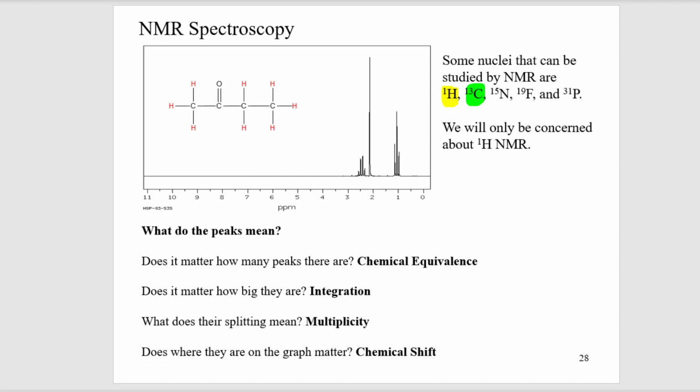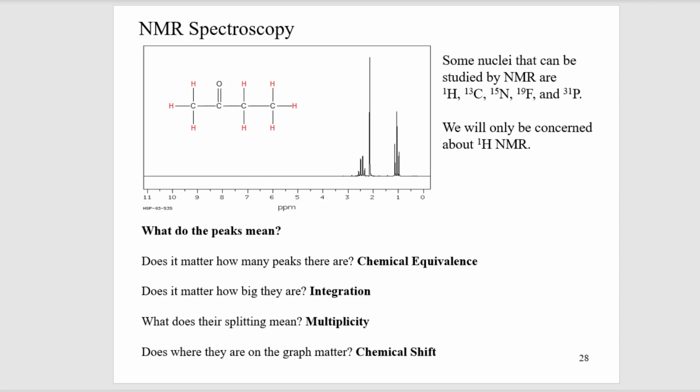And it's a little less informative. Combined with proton NMR, it gives us a lot more information. So we're going to focus on proton NMR because you don't need much sample. You could run it on 1 or 2 milligrams of sample and get a beautiful NMR. So let's just focus on those red protons we see.